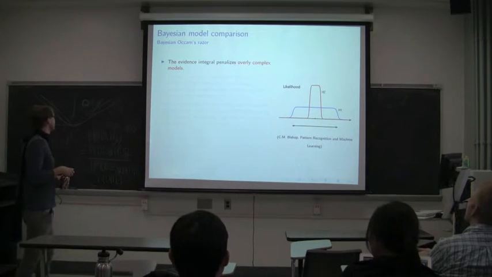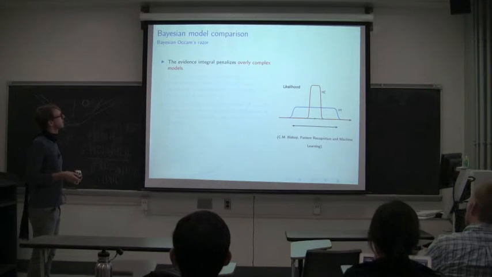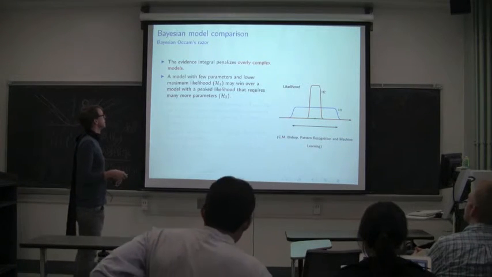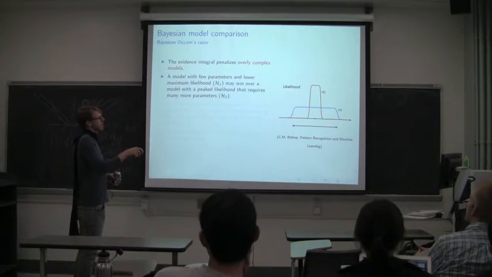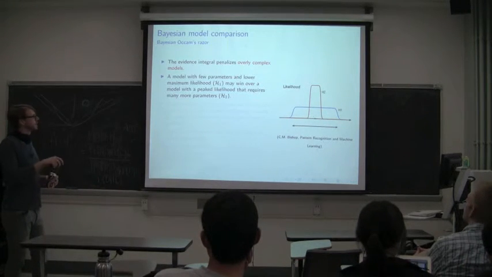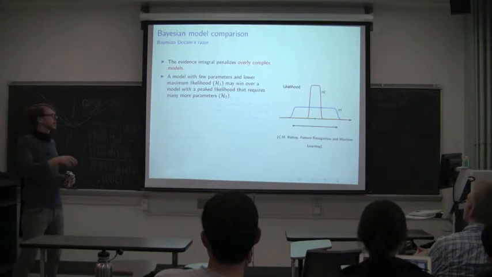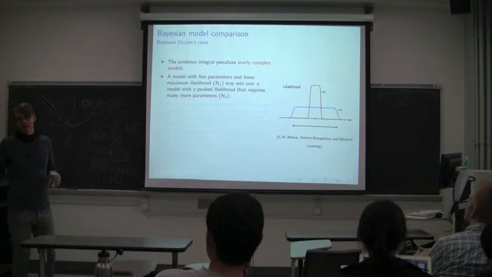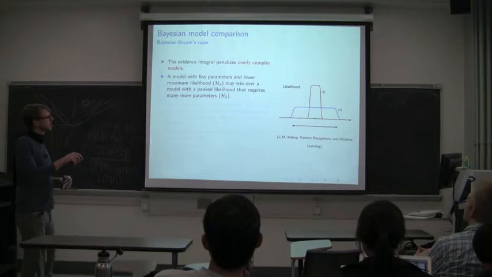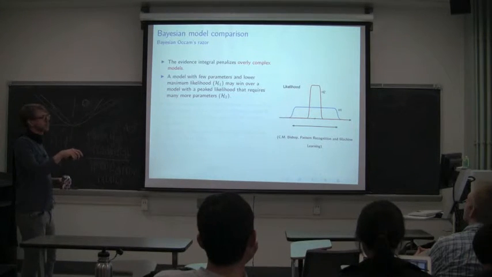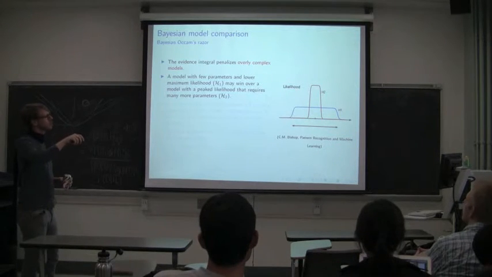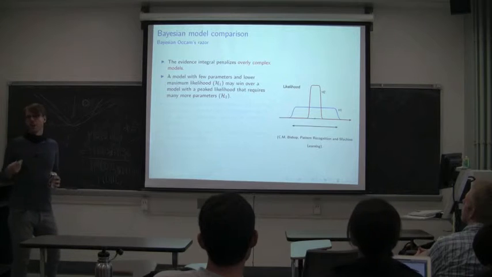So the interesting thing is that the evidence penalizes too complex models. Say we have two models, conditioned on a given parameter. Say H2 has 9 basis functions, H1 has 2 basis functions. Then if we find the best possible parameter such that the likelihood is maximized, H2 might get a very high likelihood on our particular data set.